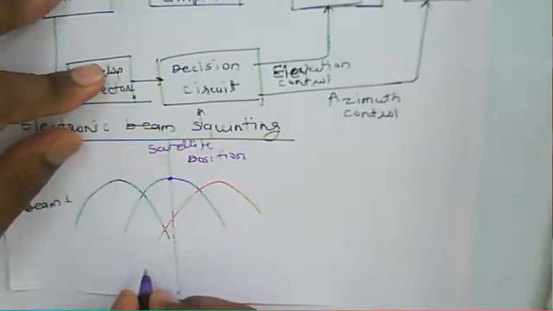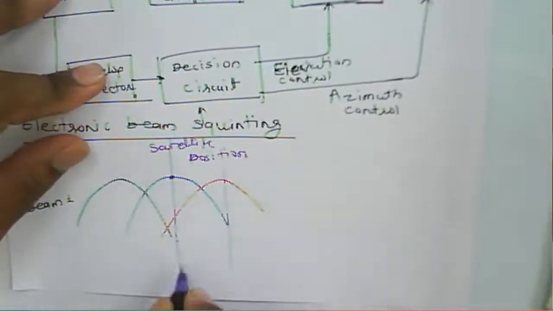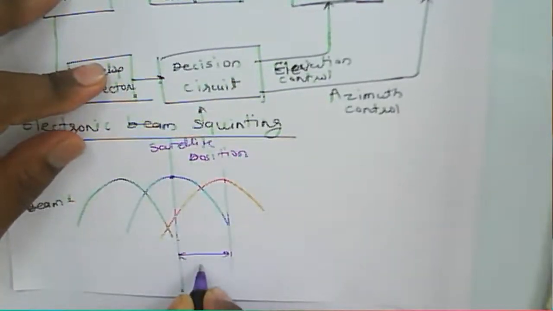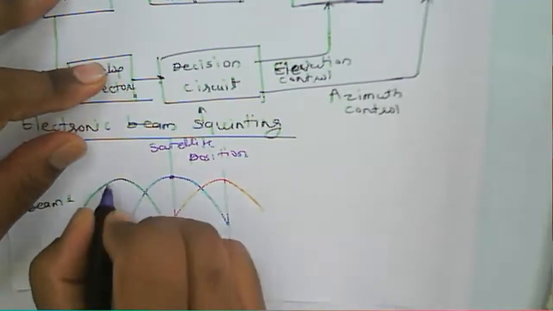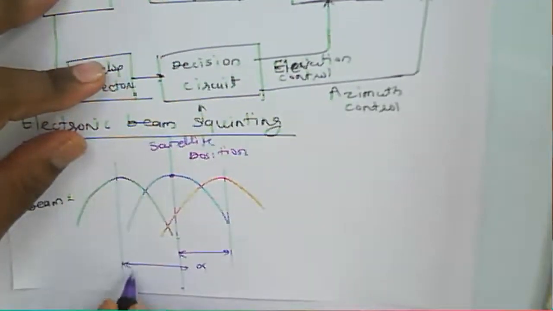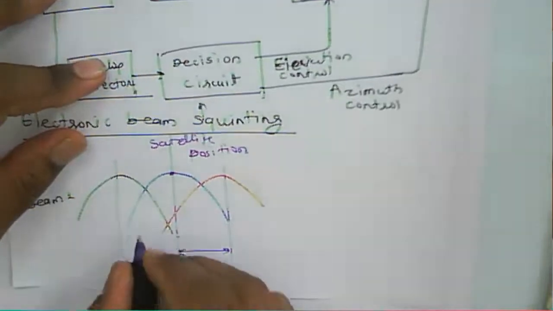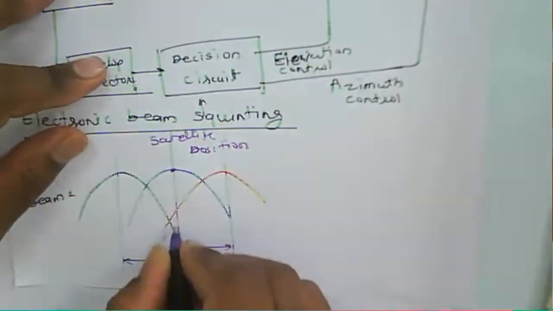Now for this given beam we have the angle alpha. From this we'll have the different angle here. So this one is about a main axis.